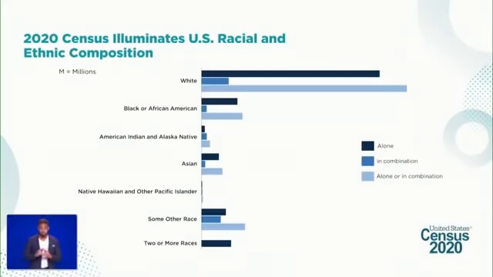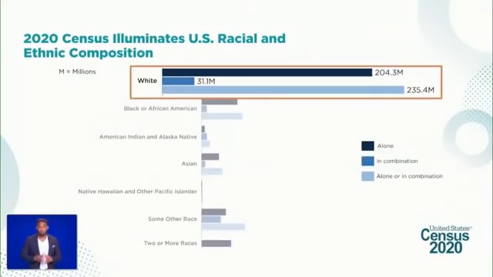To frame the discussion of racial composition, we use the concepts of race alone, race in combination, and race alone or in combination. These concepts have been in place since the 2000 census, and the 3 concepts are central to understanding our country's changing demographics. Today's release of 2020 census statistics provides a new snapshot of the racial and ethnic composition of the country.